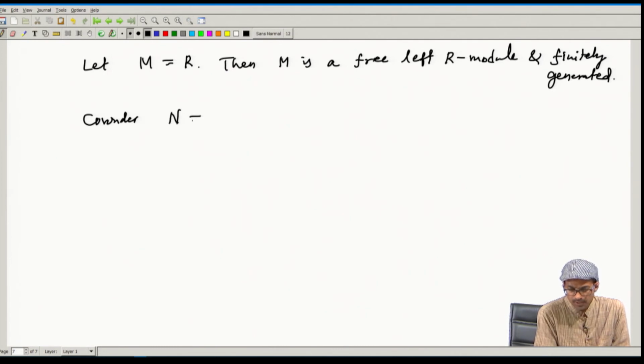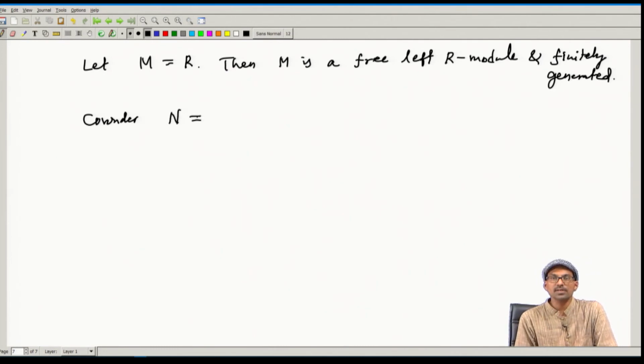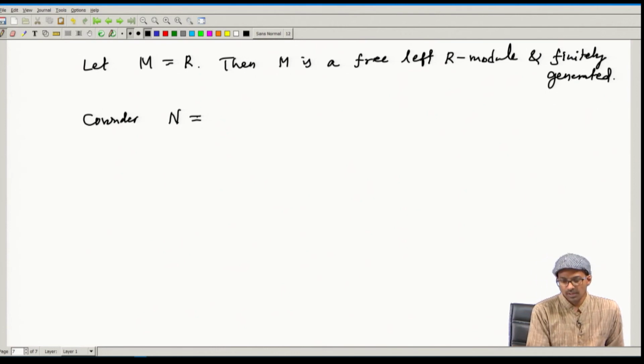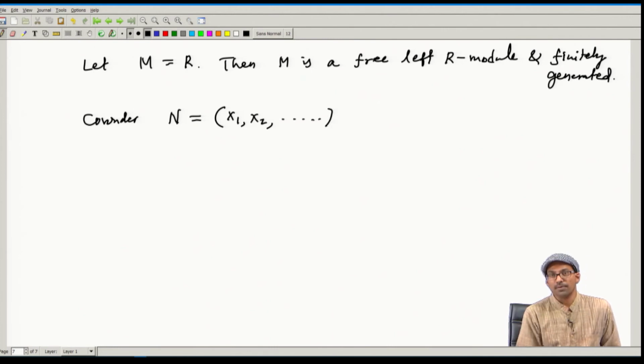So now what are the submodules of M? Those are precisely ideals. It is a commutative ring because it is a polynomial ring. So consider N equal to the ideal generated by all the variables x1, x2, x3 and so on.